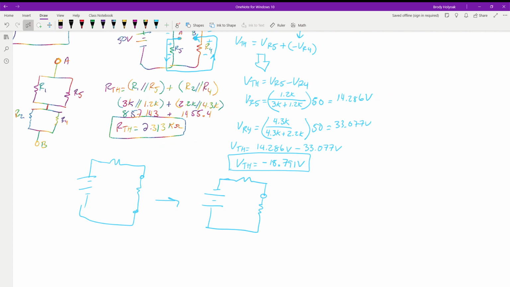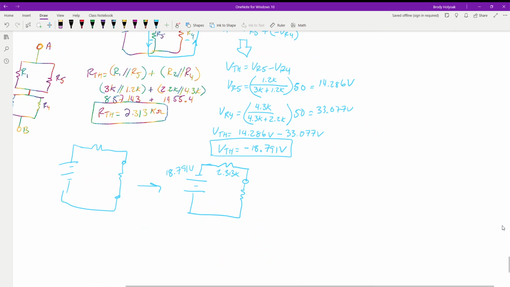So then to solve for our circuit, we put in our negative 18.791 volts. We have 2.313 kilo ohms for our R Thevenin. And then we put our load back into place, which is 4.7K. Now the only other question I need to know is what is the voltage across R3?